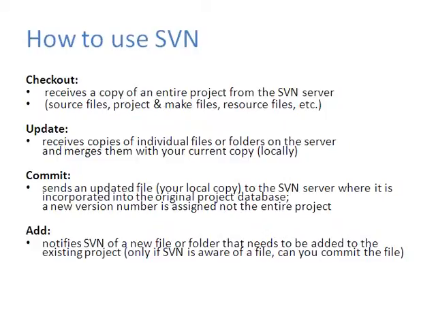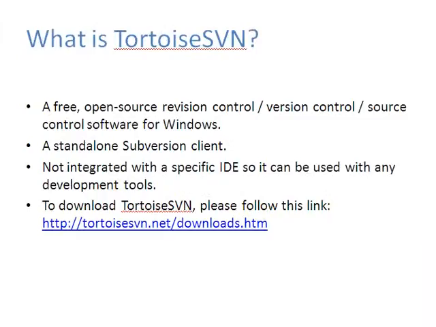Commit sends an updated file or your local copy to the SVN server where it is incorporated into the original project database. A new version number is assigned to the entire project. Add notifies SVN of a new file or folder that needs to be added to the existing project.